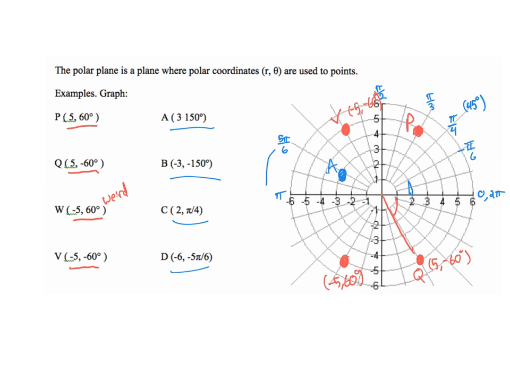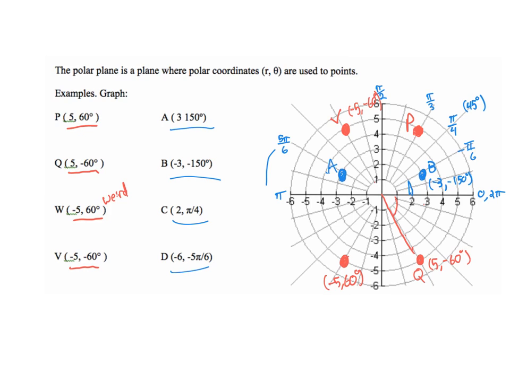That's point A. Point B is -3, -150. So let's go -150, right about there. So there's the -150 line, and then I'm going to go backwards: -1, -2, -3. Right about there. So there's point B. That's -3, -150 degrees.